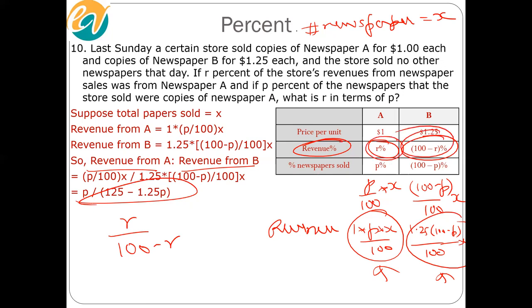But notice this figure as well as this figure represent the same thing: the ratio of revenue derived from the sale of newspaper A to revenue derived from the sale of newspaper B, right? Since they represent the same thing, what can we do? Equate the two, right?